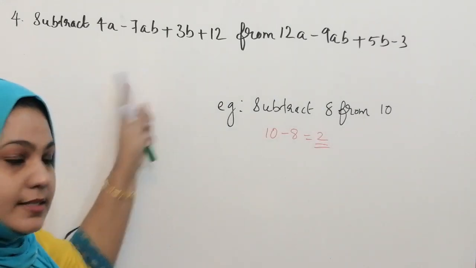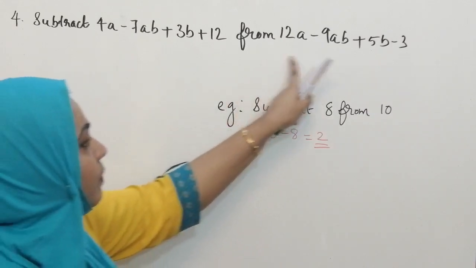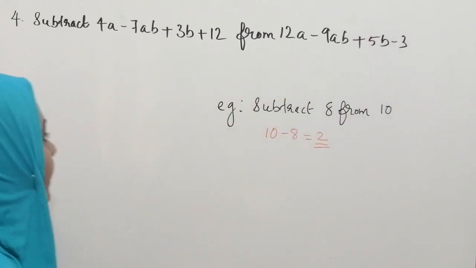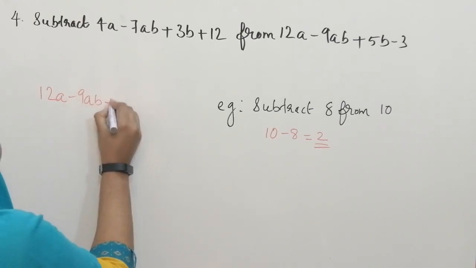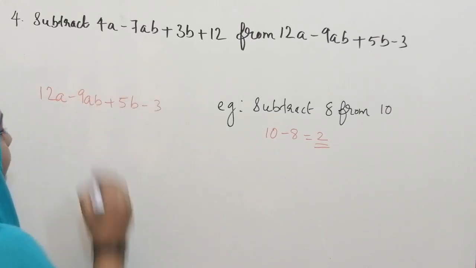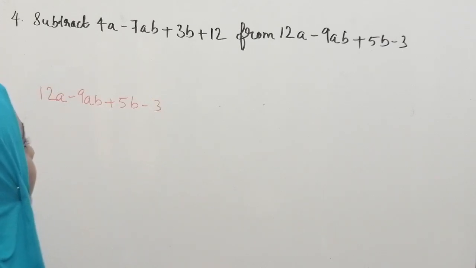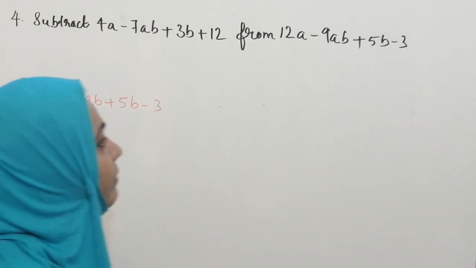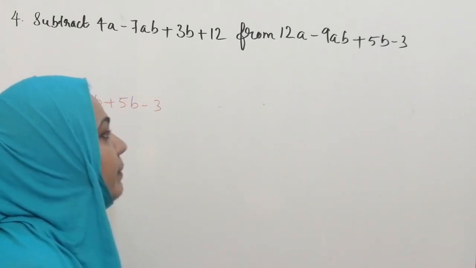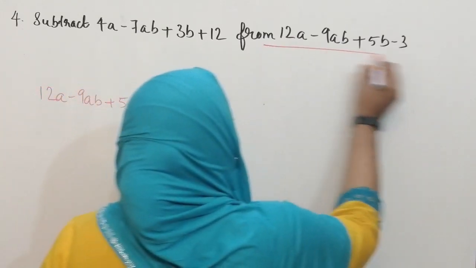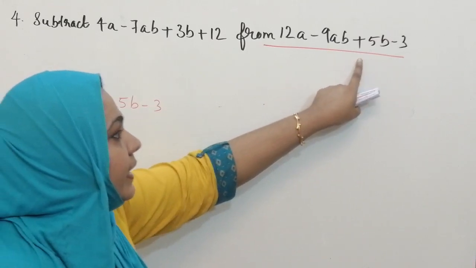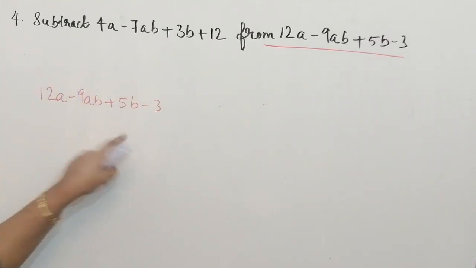Correspondingly, for solving this question, we have to write this part of the algebraic expression. So 12a minus 9ab plus 5b minus 3. Subtract 4a minus 7ab plus 3b plus 12 from 12a minus 9ab plus 5b minus 3. So I am taking this part of the question, 12a minus 9ab plus 5b minus 3, I wrote here.